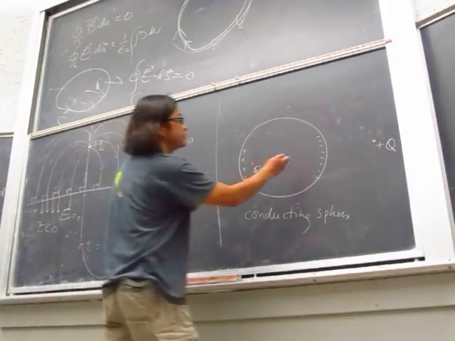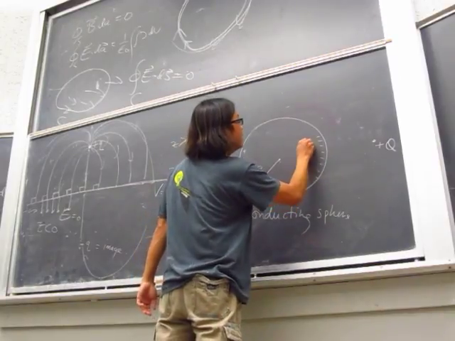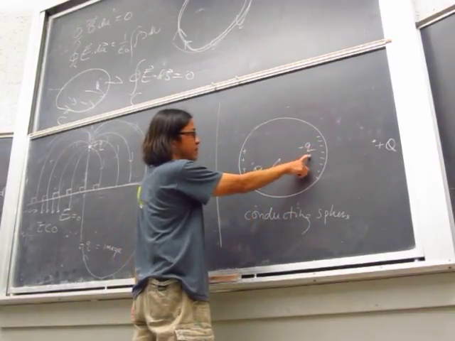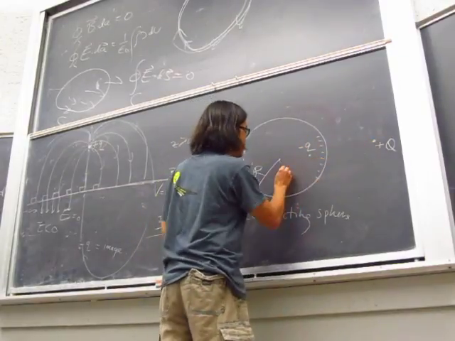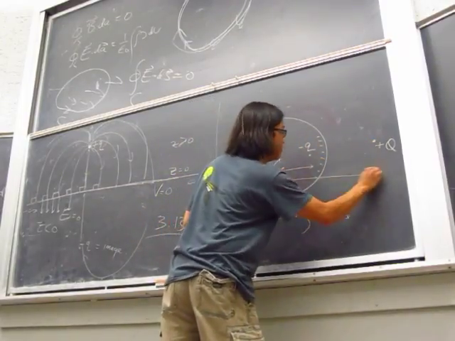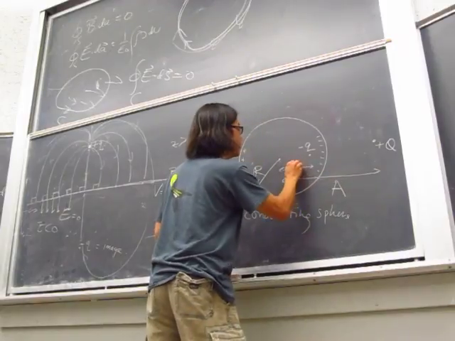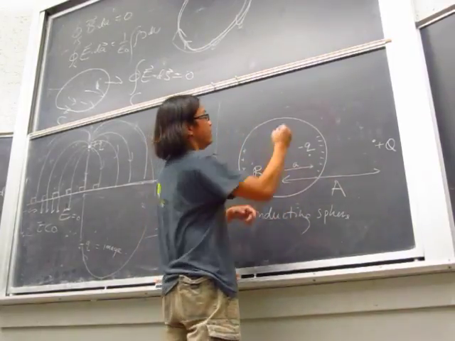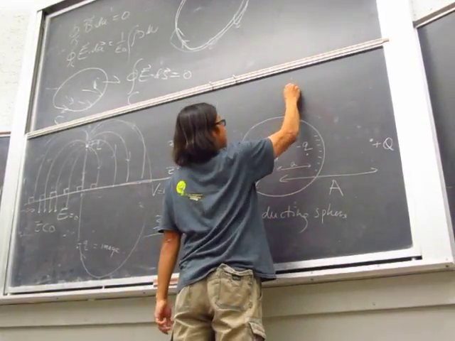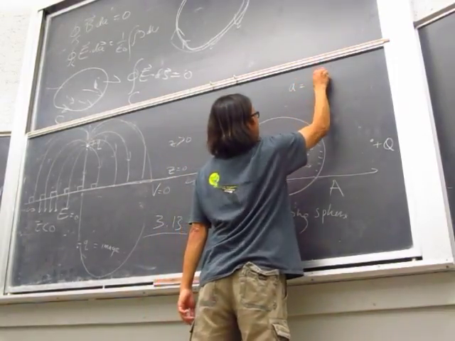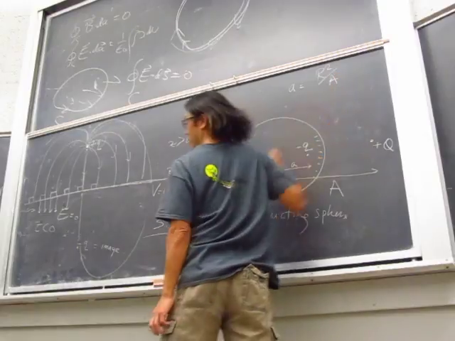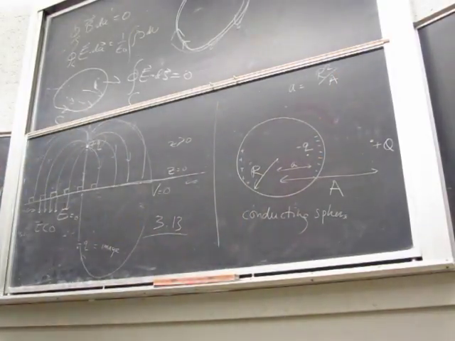What happens is there is an image charge here, minus Q, and the relationship between the magnitude and the distances is as such. If this is given by A and this is given by small a, then small a is just r squared over A. I'm just copying; I haven't done this in a long time.